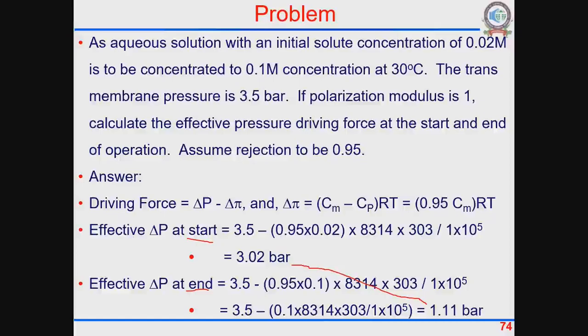And then you can imagine what would be the effect on flux, how the flux will decline with respect to not time in this particular case because it's a plug flow manner, how the flux will reduce with respect to the location or length along the membrane module, and then we will have to integrate all this to get to either time if it's a batch process or to the total membrane area if we are looking at the plug flow operation of a membrane module. So we'll do all that in the next class once we see different kinds of membrane modules that are there.